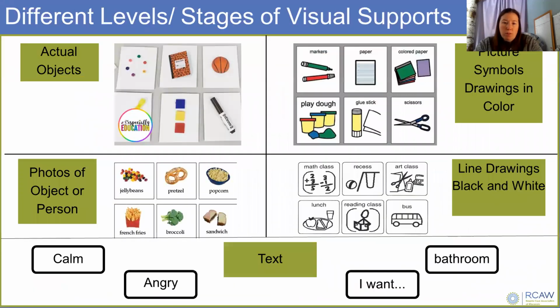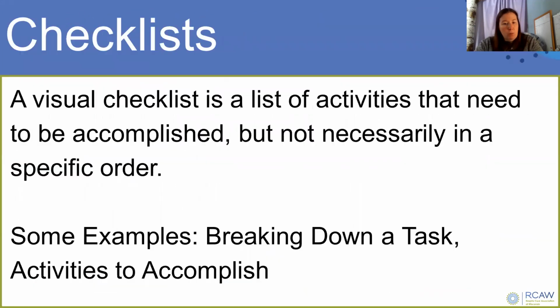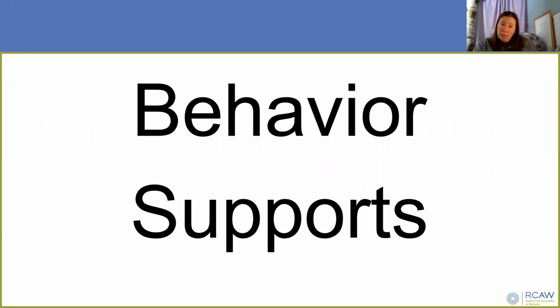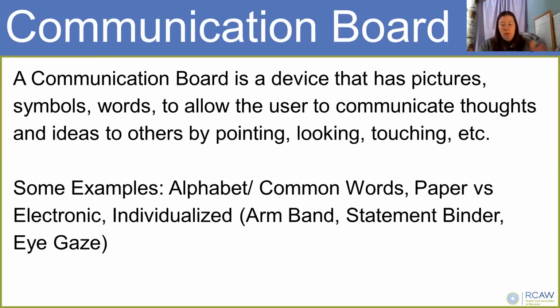I've also worked with some individuals that use communication boards that are not as technology savvy, I guess, where it's just an alphabet board that is on a hard wood board. So it's just taped or laminated to a board, and they use that to spell out words.